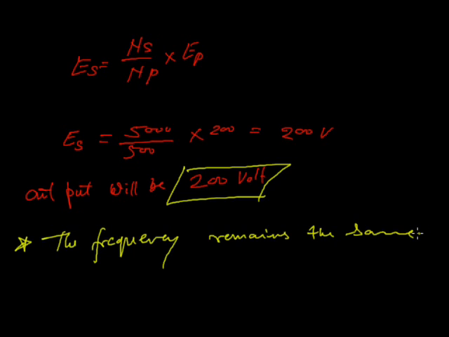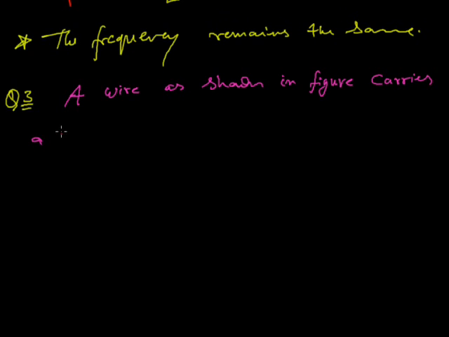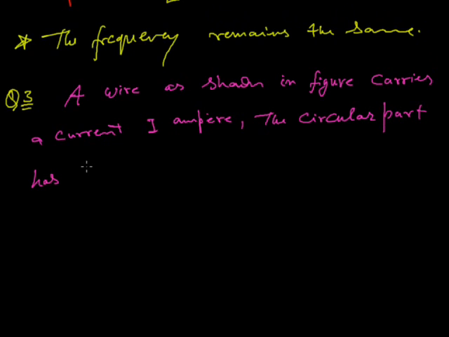The next numerical is question number 3. A wire is shown in the figure, carrying a current I ampere. The circular part has a radius r.